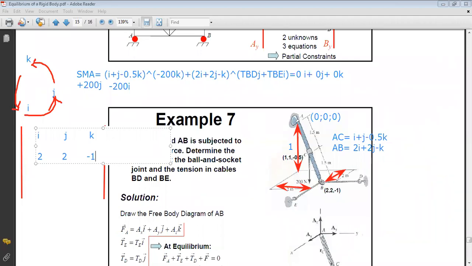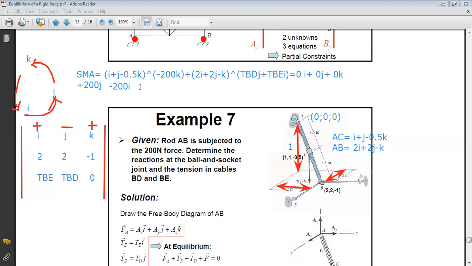Now I have the second vector. We have TBE along I, and TBD along J, and nothing along K, so 0. Now, to do the development, if you remember, we put plus, minus, and plus.